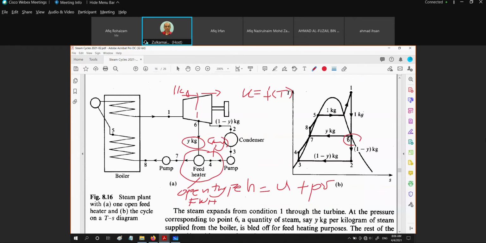Okay, the balance of the steam after the bleeding process is being expanded throughout the balance component of the turbine. Okay, and if we look in terms of the work right here, the work output for the first stage of the expansion is W16.